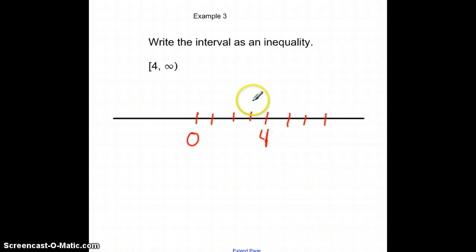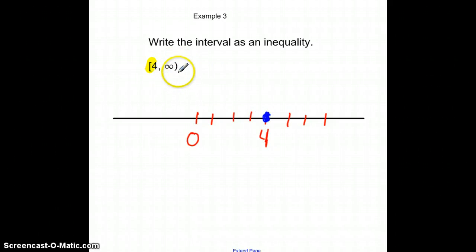Okay. So they're starting at 4. Now notice the difference between these parentheses. This is a bracket, this is a parentheses. When we see this bracket right here, that means we color in that circle. That means this solution includes 4, which means we should be coloring in that circle.